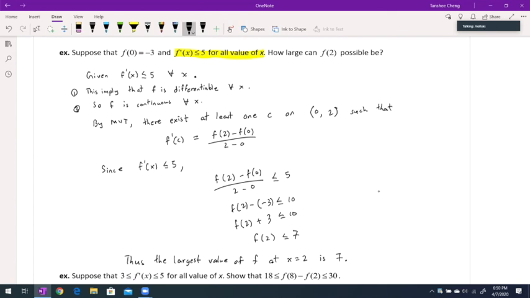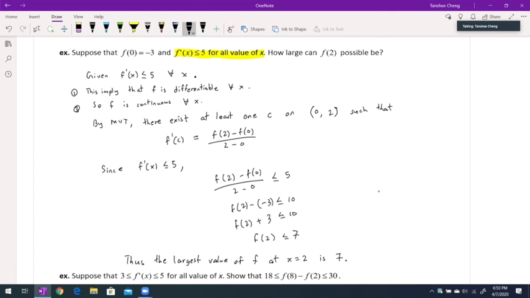So even though we don't know what the actual function is, with that one statement we satisfy the criteria of the mean value theorem. So now you can see that I put 1 and 2 right there.